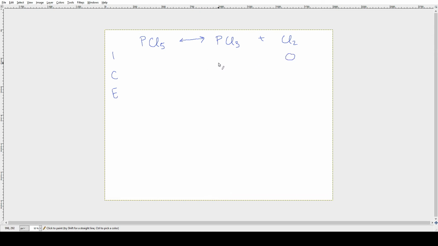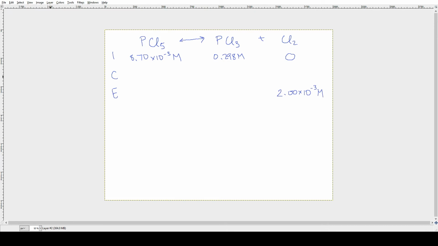So my PCl3 concentration was 0.298 molarity, and my PCl5 concentration was 8.70 times 10 to the negative third molarity. Be careful that you didn't mix these up. 3s and 5s look very similar to each other. And then it told us our equilibrium concentration of chlorine was 2 times 10 to the negative third.